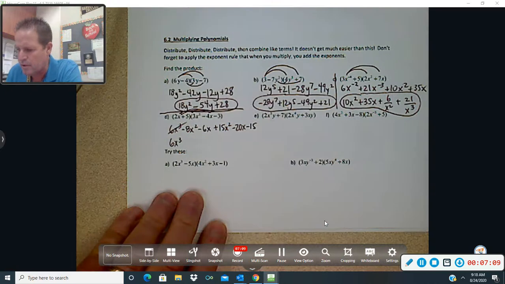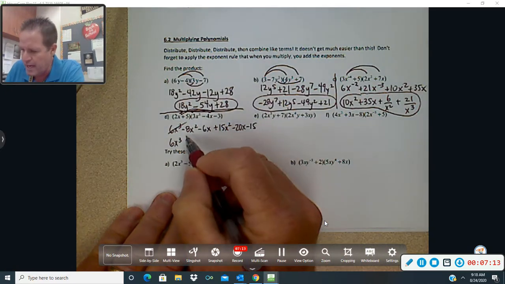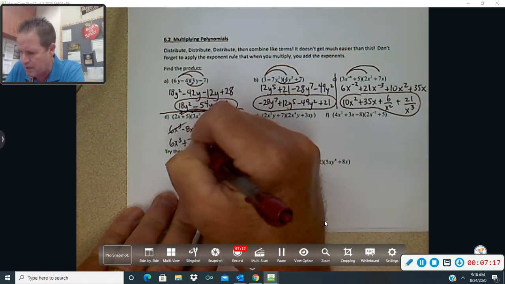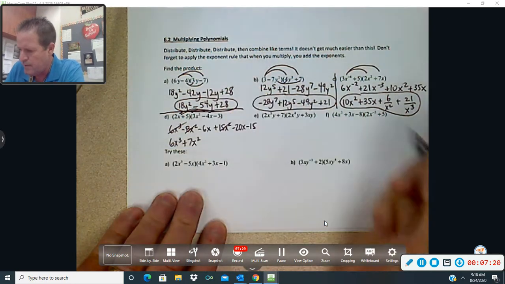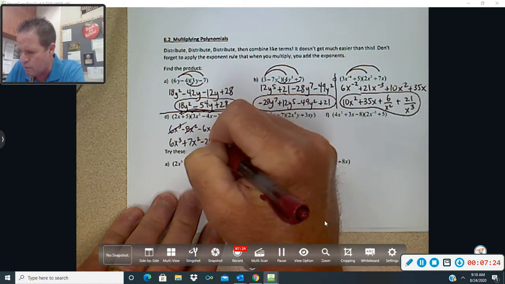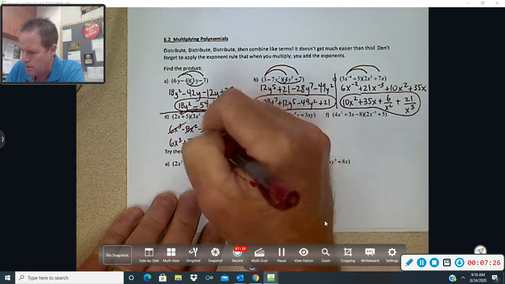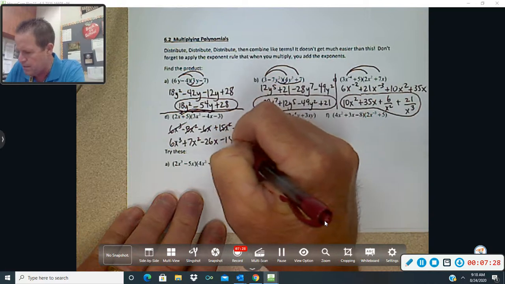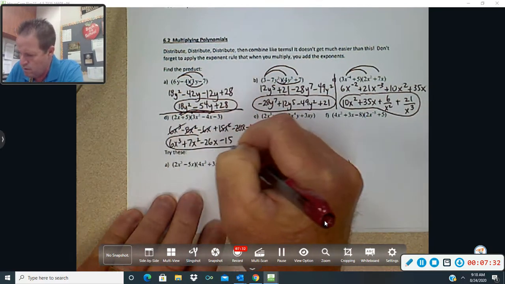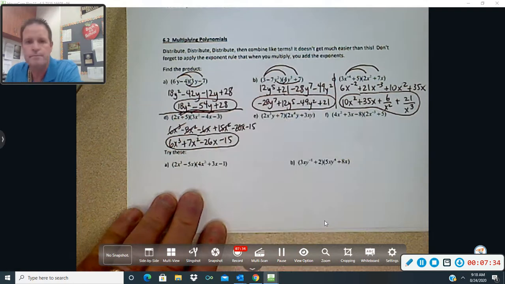In this problem, I'm going to cross them out because I've got so many things I might forget something. I've got a negative 8x squared and a positive 15x squared. That's 7x squared. And then I've got a negative 6x and a negative 20x. That's a negative 26x. And we've got a minus 15. And there you go. We have it.